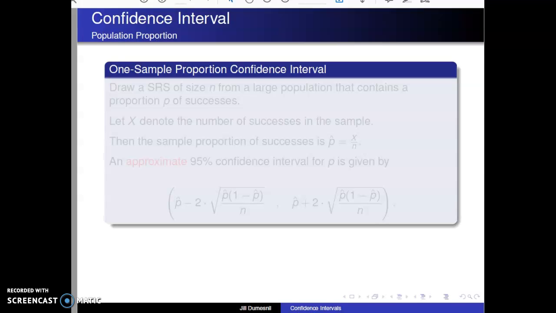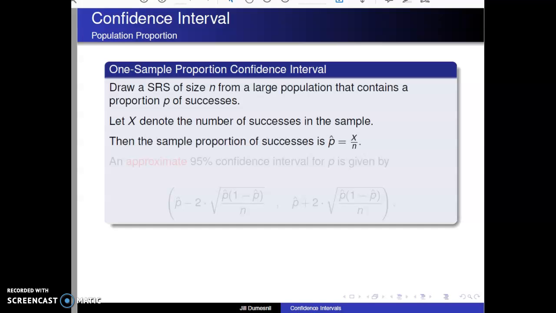Now let's consider the calculation of a confidence interval for a population proportion. We draw an SRS of size n from a large population that contains an unknown proportion p of successes. Recall that we use p instead of the Greek letter pi for the population proportion. We let x denote the number of successes in the sample.